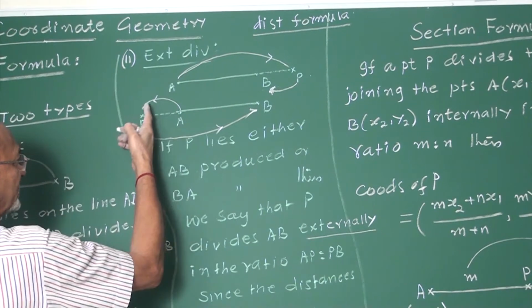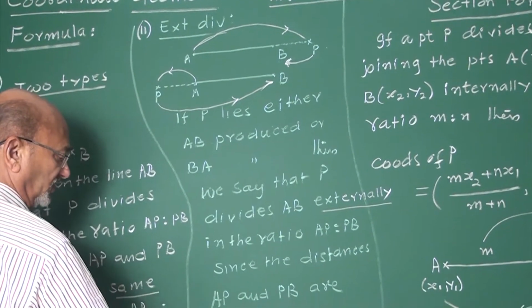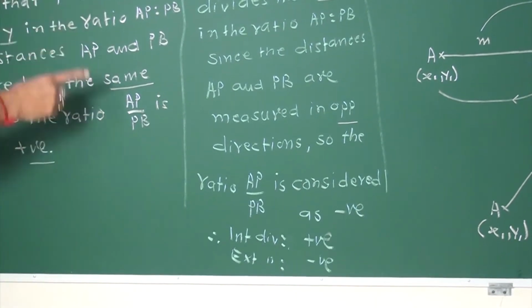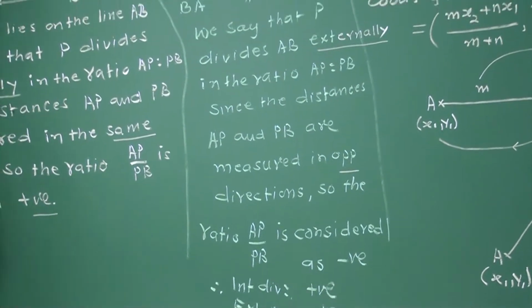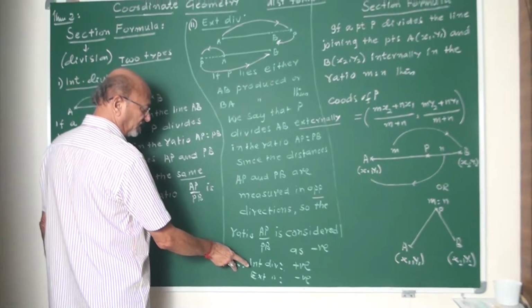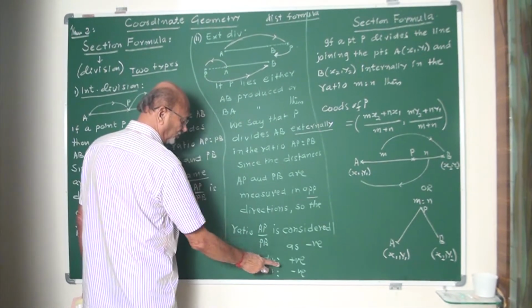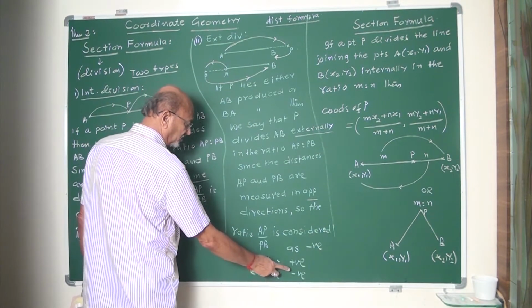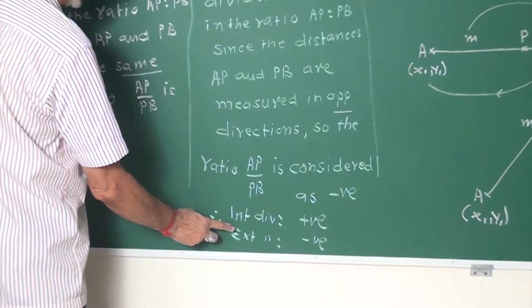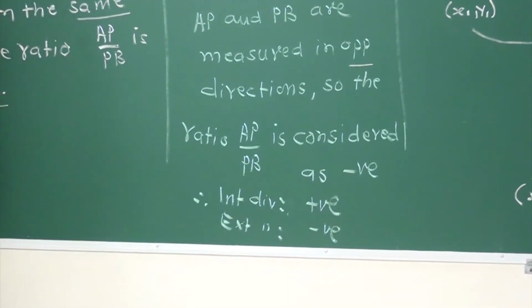If you take this as negative and this as positive, again negative upon positive is negative. Therefore, in this case, for the external division, the sign is negative. For the internal division, the ratio is positive. For the external division, the ratio is negative. Positive and negative according as internal and external divisions.